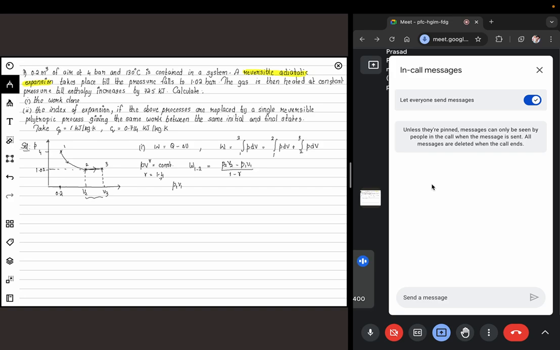So I have P1 V1 to the gamma equals P2 V2 to the gamma. From this I can calculate V2 directly.